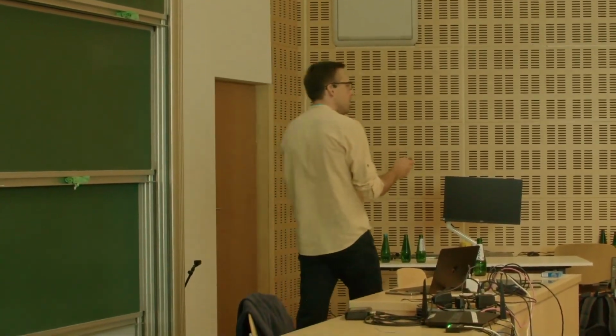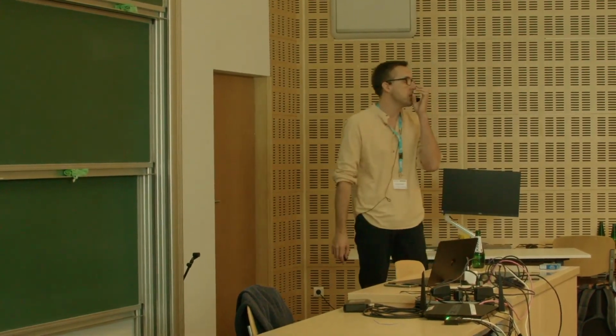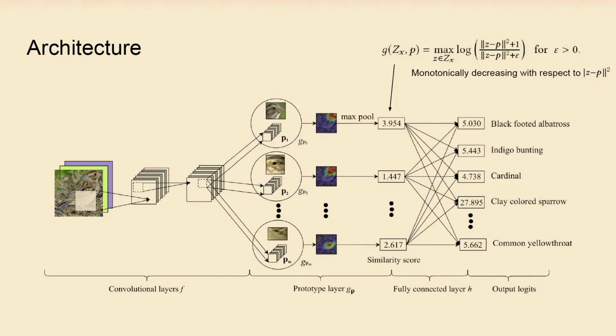There will be more, especially for the next slide, which in my opinion would be the most important in this talk. If you understand this slide, everything else should be quite simple. To understand how prototypical part networks work, you have to think about deep neural networks from a slightly different perspective.